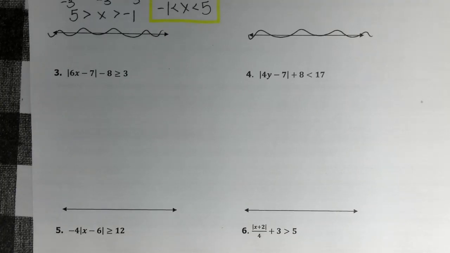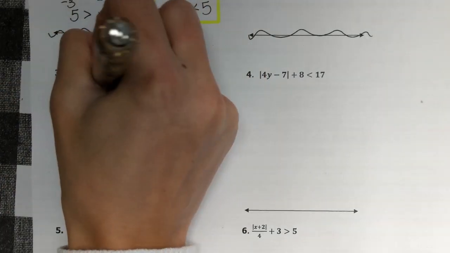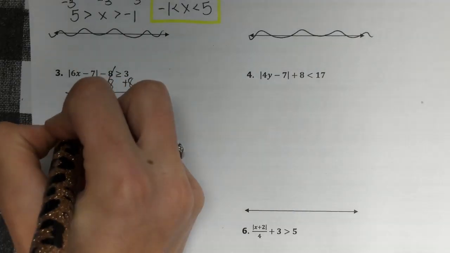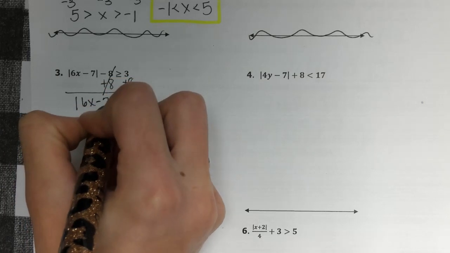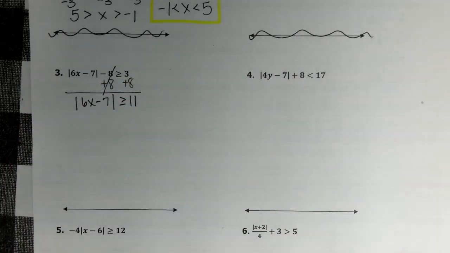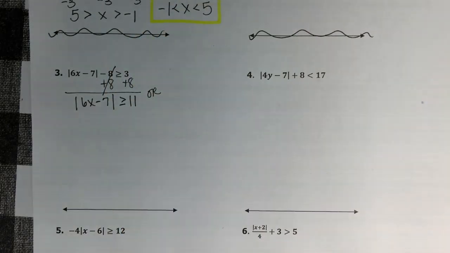Okay, number 3, what would I do first? The absolute value of 6x minus 7 is greater than or equal to 11. Now I decide, is it and or or? It should be an or because it's pointing to the right.